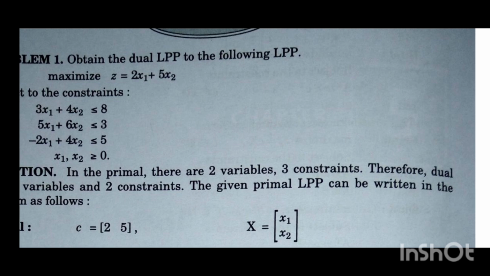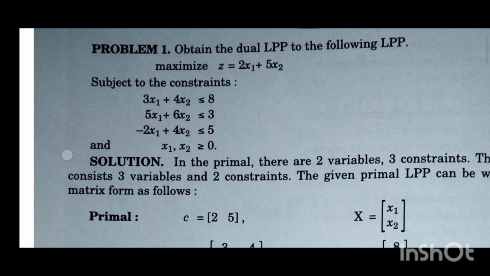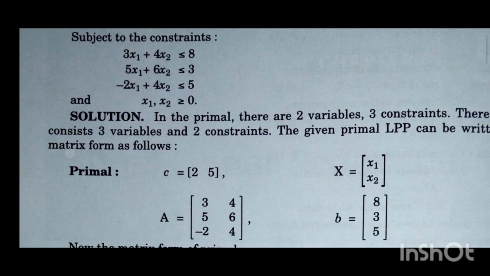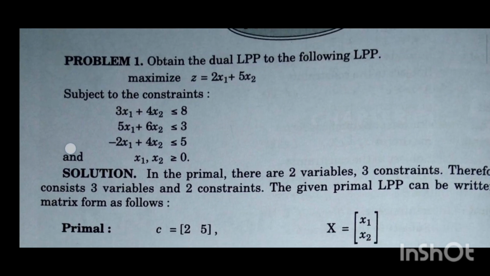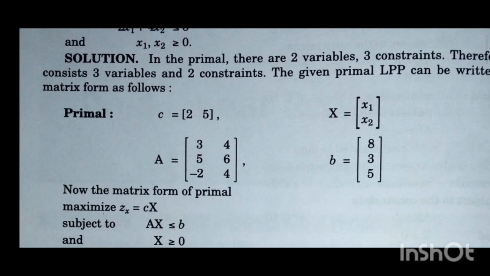The given primal LPP can be written in the matrix form as follows. Here the C matrix is 2 and 5, you can see from the given question. Next, A equals the matrix, x equals x1 x2, and b equals 3 8 5. This is what we are assuming as the primal LPP.